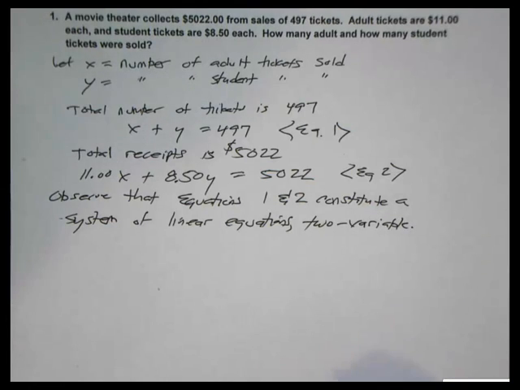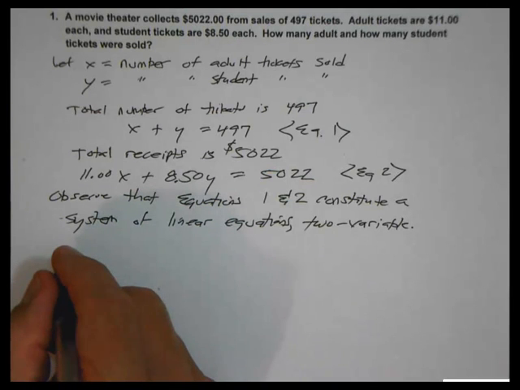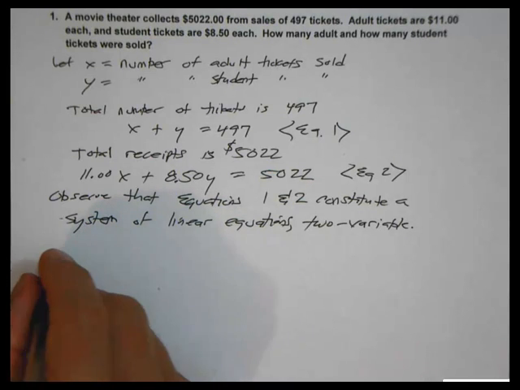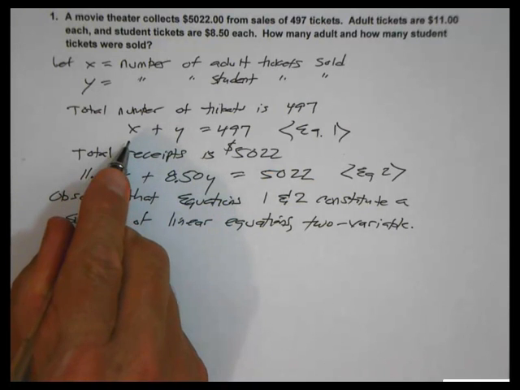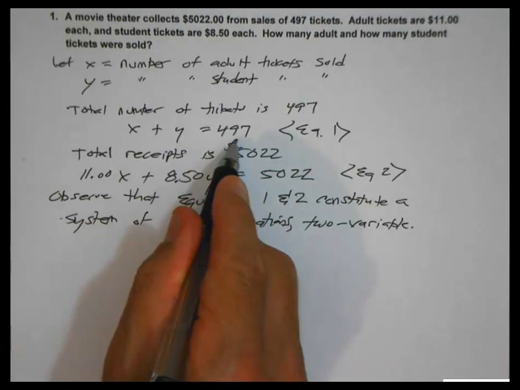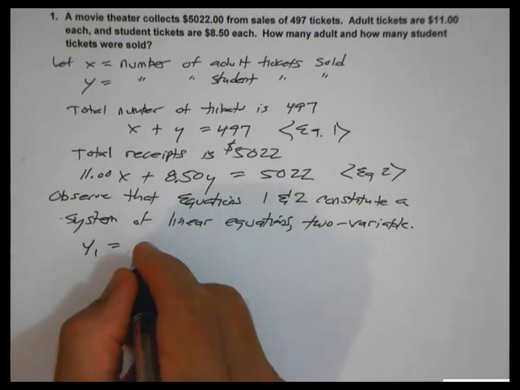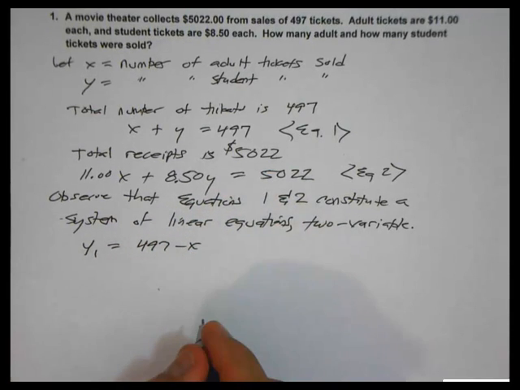Alright, well, we're very proficient at this kind of problem mathematically. Let's see here. Maybe we choose to use a calculator as the numbers are maybe not so simple. Let's do that. In the first equation, we could solve for y by subtracting x from both sides. y1 would equal 497 minus x.